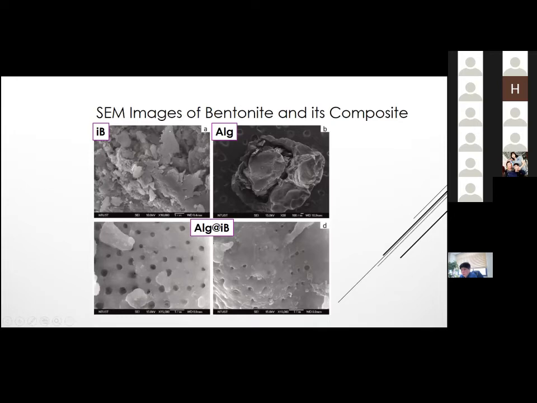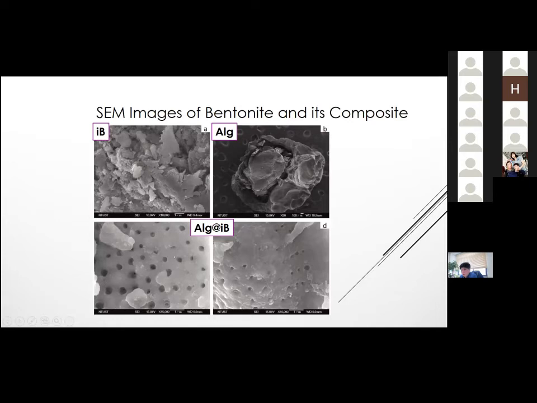So before the modification with alginate, we can see that the bentonite has a layered structure. And for figure B is the morphology of the alginate itself. And after we combine the alginate and the bentonite, we can see the formation of pores on the surface of the materials.